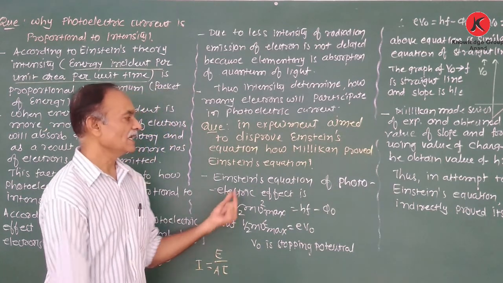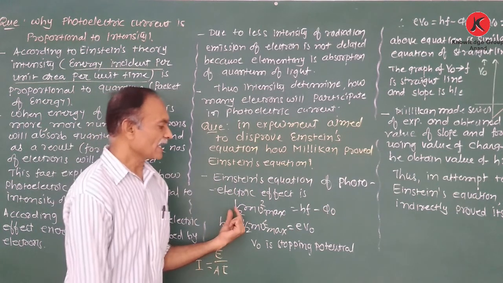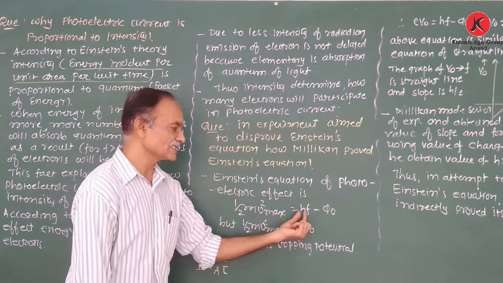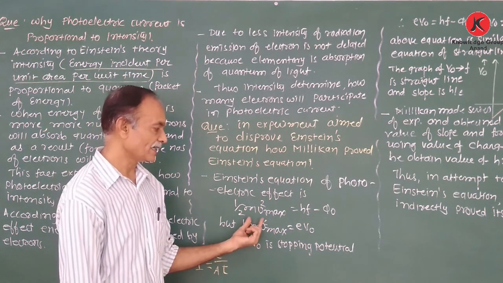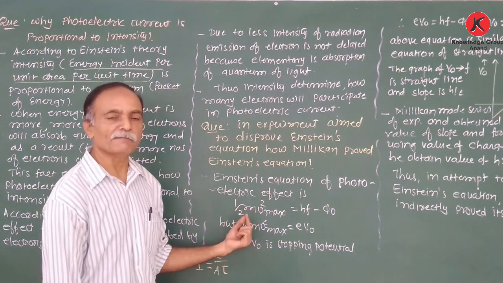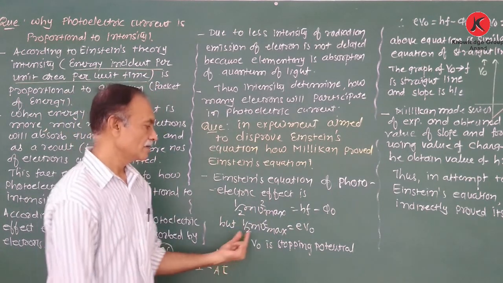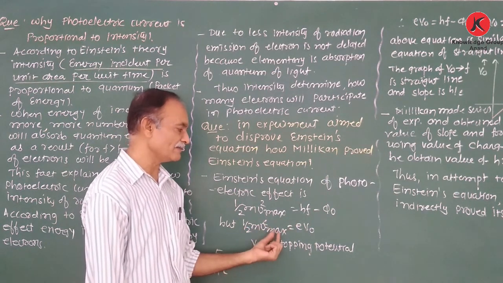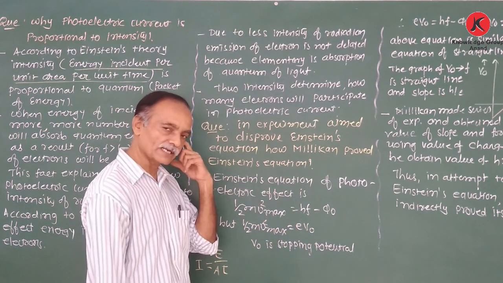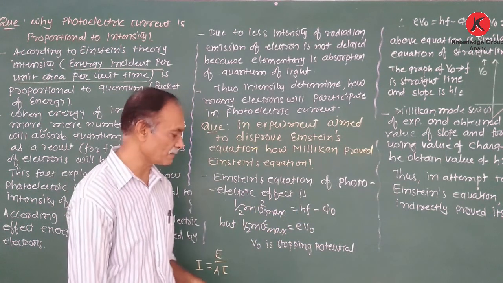For that purpose, Einstein's equation of the photoelectric effect is: maximum kinetic energy is equal to hf minus phi 0. And we know that the maximum kinetic energy of the emitted photoelectron is equal to eV0. That means half mv square maximum is equal to eV0, but the maximum kinetic energy is also equal to hf minus phi 0.